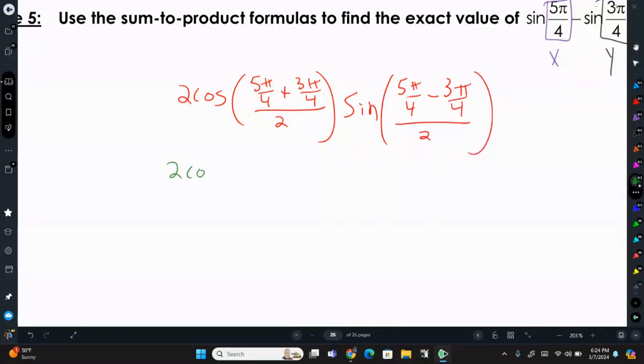So then that gives us 2 cosine of 8 pi over 4 over 2 times the sine of 2 pi over 4 over 2.